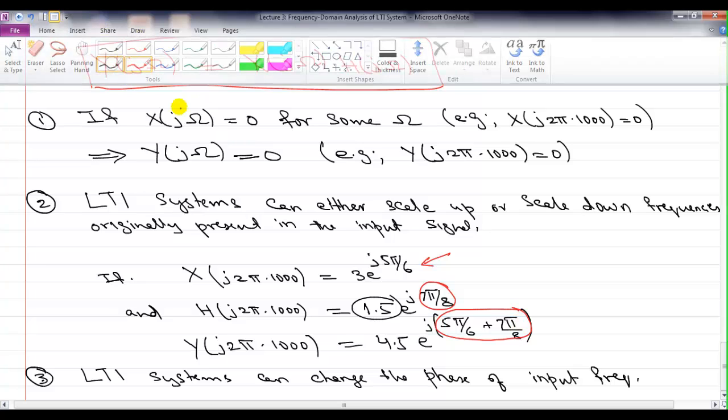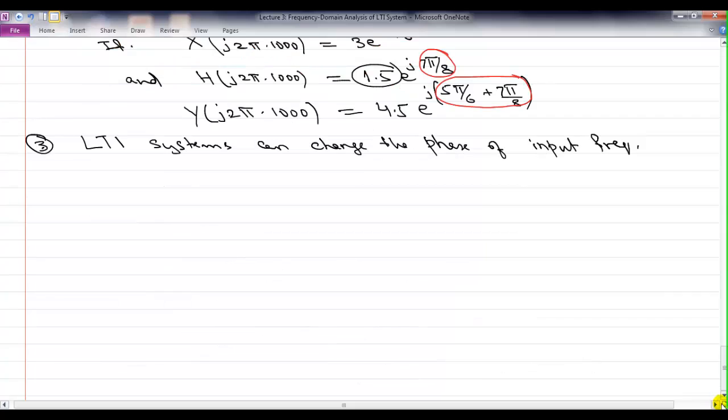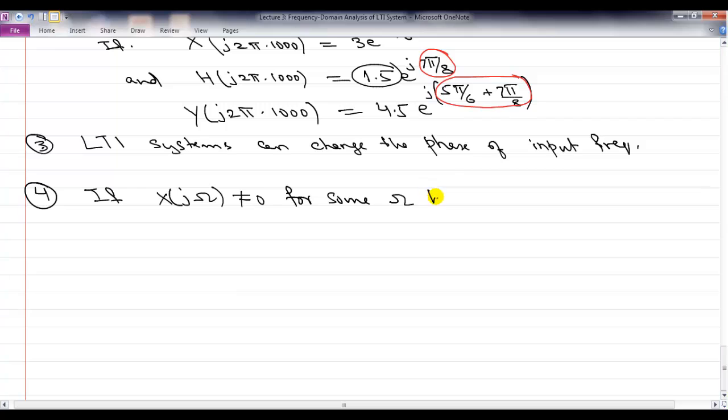And the last thing is that if X(jω) is not equal to 0 for some ω, but H(jω) equals 0, then what will happen? You multiply two numbers, one of them is 0, the output has to be 0.